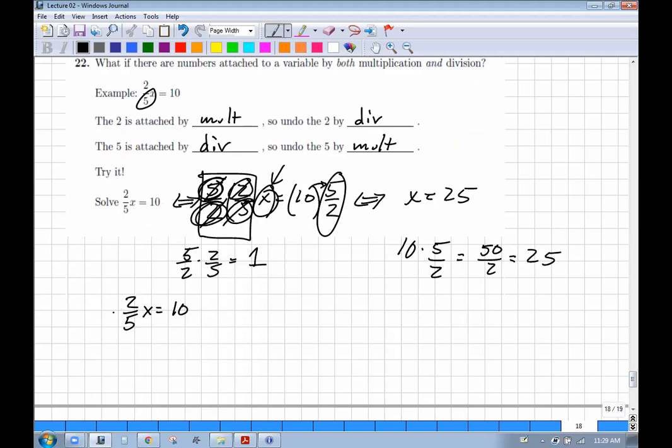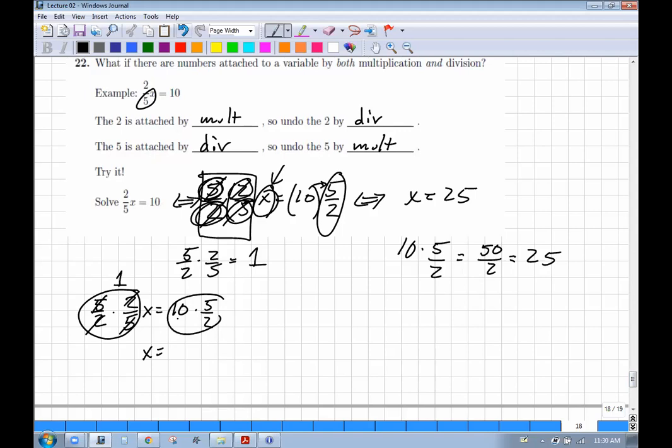Well, if we multiply this by 5 halves, whatever we do to the left side, we have to do the same to the right side. So 2 over 2 is just 1. 5 over 5 is just 1. So we have x equals this one here.